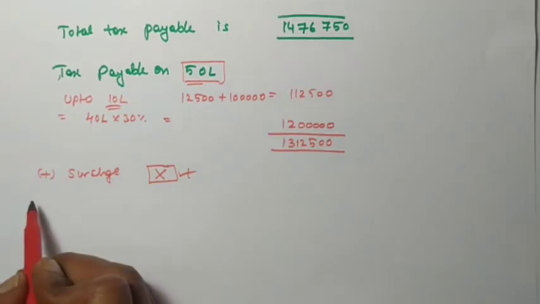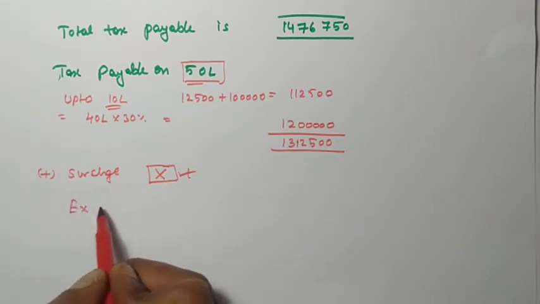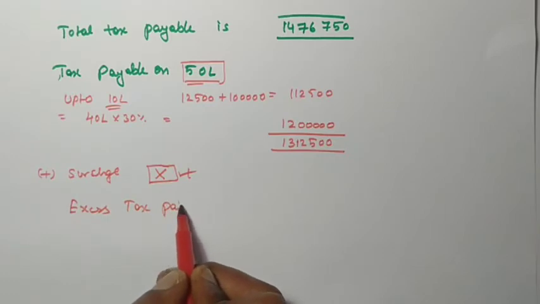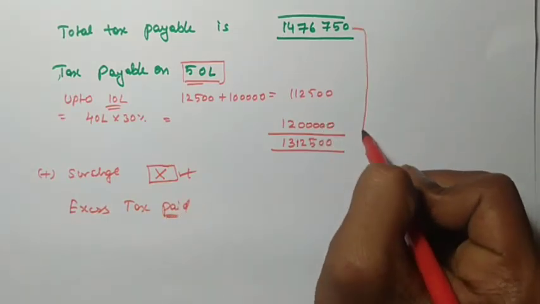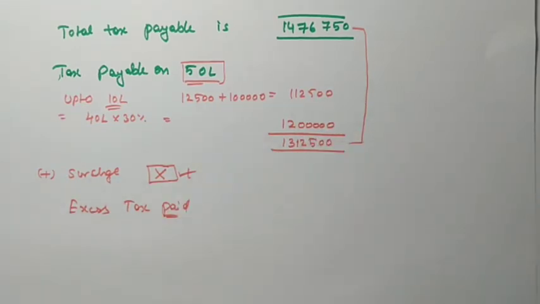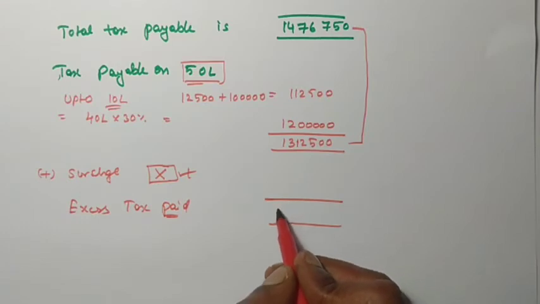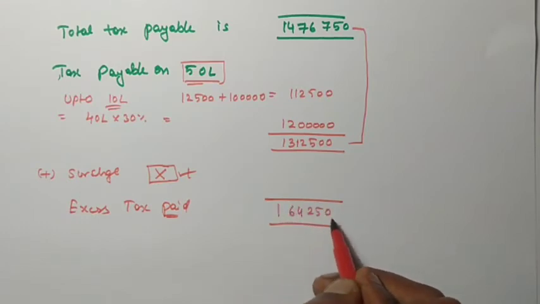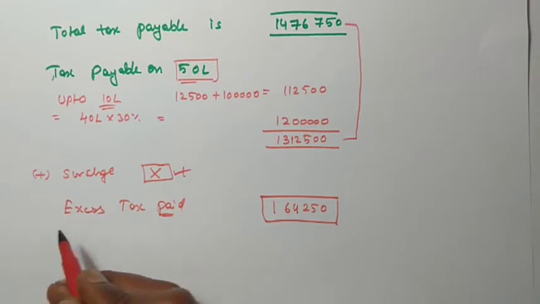So excess tax paid, this minus this, 1,64,250 excess tax we had paid. Now marginal relief comes into picture.